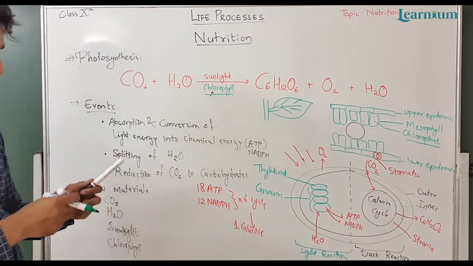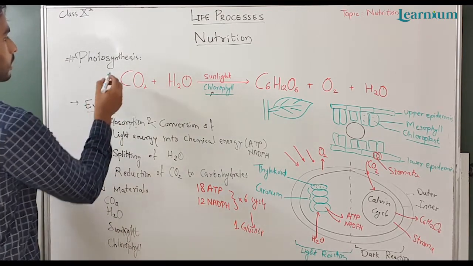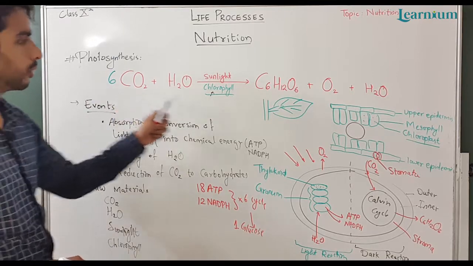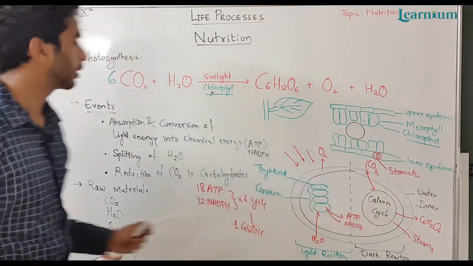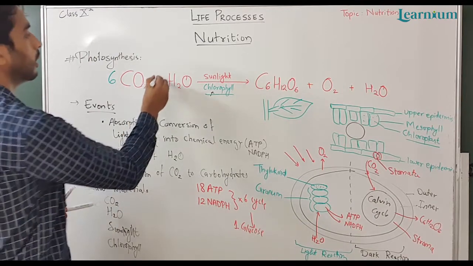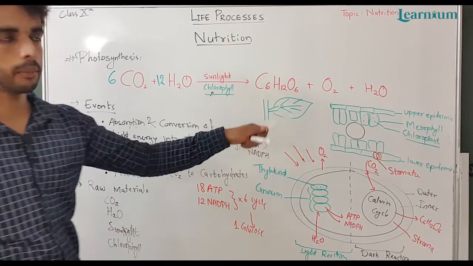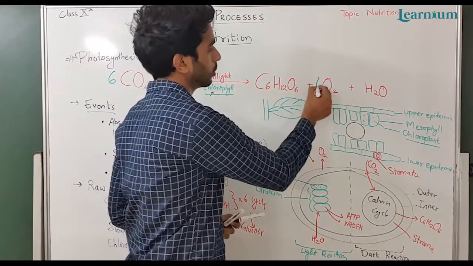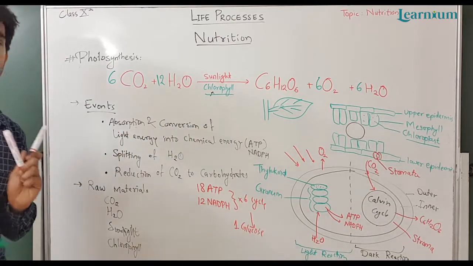So we can write a balanced equation like this: 6 carbon dioxide, because here 6 times carbon dioxide comes in the Calvin cycle, then 12 H2O, because here we need to balance it, then 6 oxygen and 6 water molecules. So this is the balanced equation.